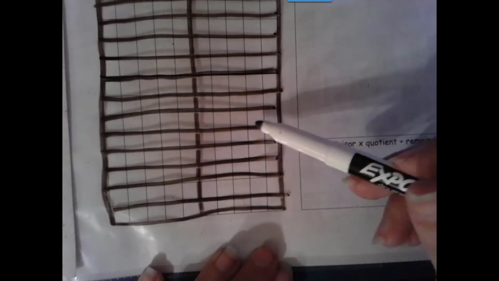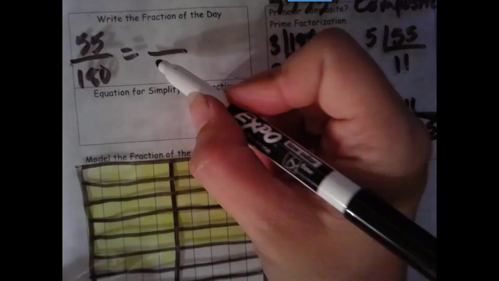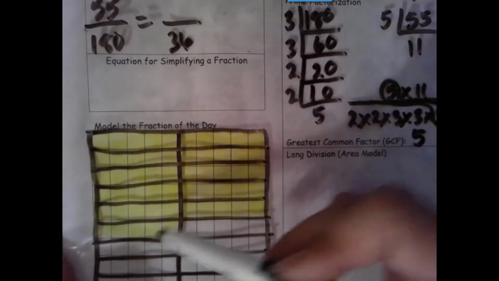So each of my rows here has 2 groups of 5 in each, so I can count by 2s. 2, 4, 6, 8, 10, 12, 14, 16, 18, 20, 22, 24, 26, 28, 30, 32, 34, 36. And I have 2, 4, 6, 8, 10, 11 shaded in.